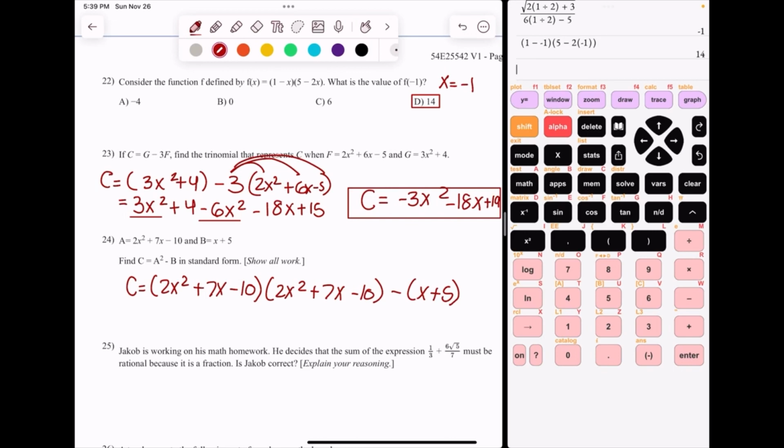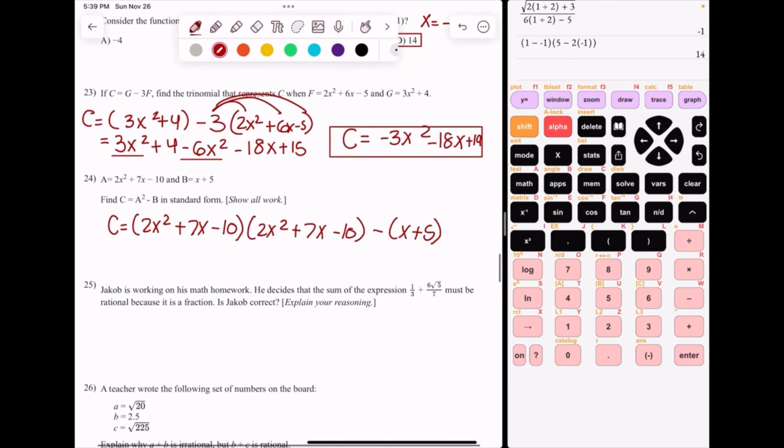All right. Let's look at 25. Jacob is working on his math homework. He decides the sum of the expression must be rational because it's a fraction. Is Jacob correct? Well, let's see. Let's set this in ourselves. 1/3 plus 6 square root of 5 over 7. Oh, I don't get a fraction.